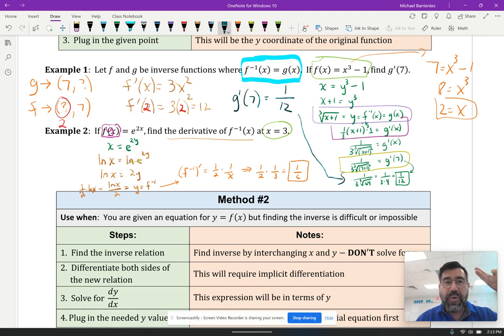So then you have to go backwards to figure out the x value that's in the domain of the original function. Once you figure that out, the formula is pretty basic, because you just take the derivative of the original function, plug in your appropriate x value, and then just flip that answer over, and you get that pretty quickly. And that's the third method of finding the derivative of inverse functions.